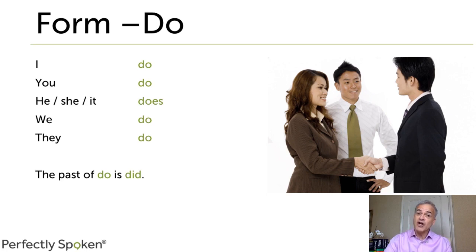But also, we use do as an auxiliary, as a helping verb. So, what do you do? What's your job? What do you do? The first do is the auxiliary verb. The second do is the verb. So it is more complicated.